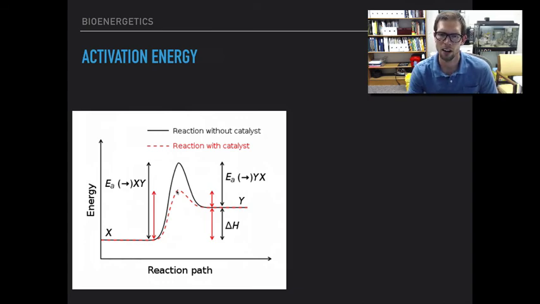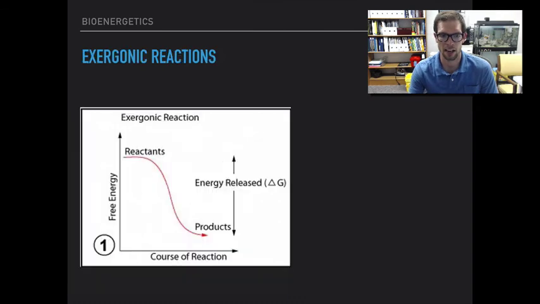You can think of your car, where you have a bunch of gas in there. Igniting the fuel so that you produce the products is actually an exergonic reaction. But you'll notice that in your car, the molecules don't instantaneously break down.